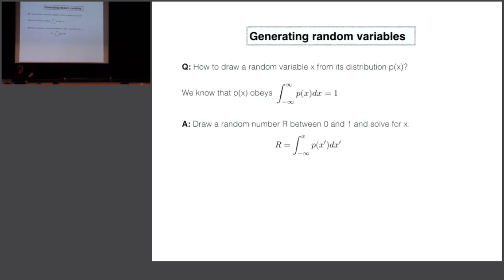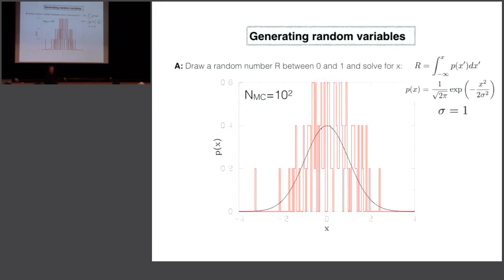If r is 0, you would be near the beginning of your probability distribution function. It's put in simple terms, but the main point is that if you invert this equation, then the randomly generated x follows a distribution that closely matches your probability distribution function, right? So this is an example, a Gaussian with standard deviation 1, and this is 100 random draws from that Gaussian distribution.